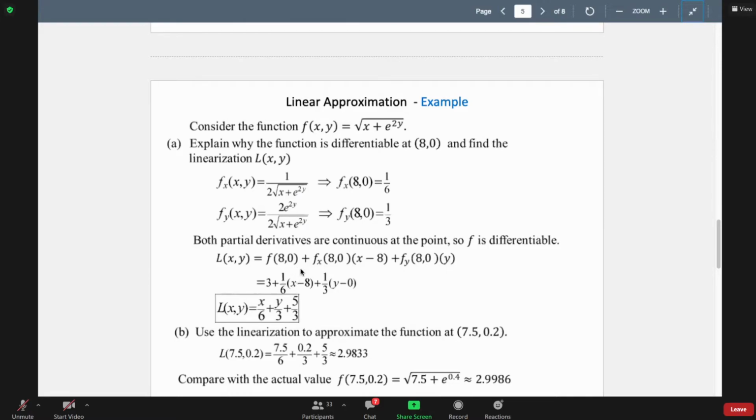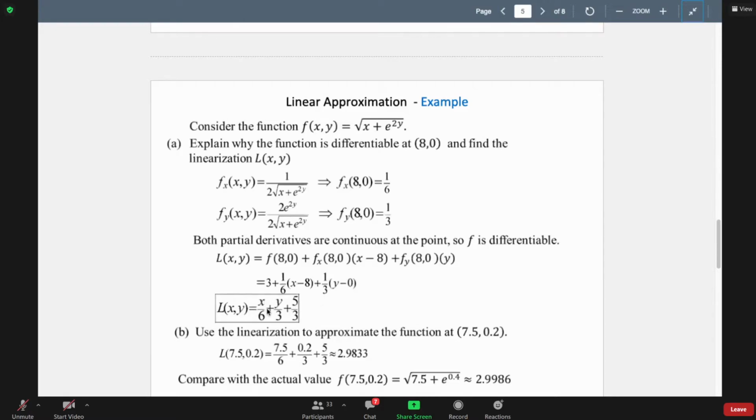So if you substitute everything, just compute f of (8, 0), that's 9, so this is 3. So z0 is 3, plus the partial derivative 1/6 times (x minus 8), plus 1/3 times (y minus 0).